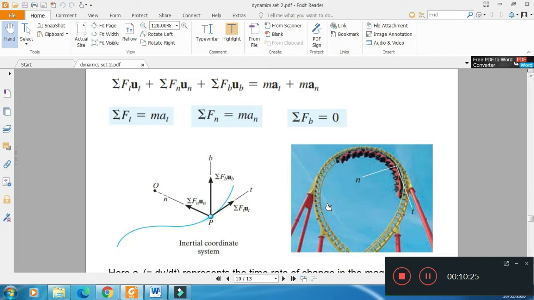Suppose there is some object moving on this curved path and we are interested in finding the forces and acceleration at this particular location, then we can use the tangent and normal directions. This one is the normal direction, and this one is the tangent direction. Perpendicular to both will be the binormal direction.